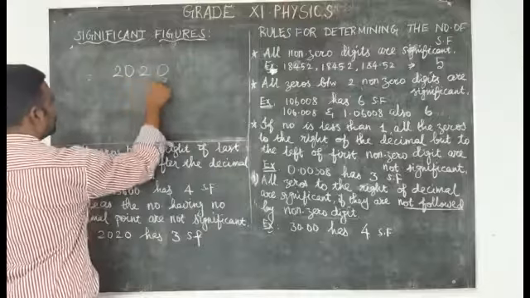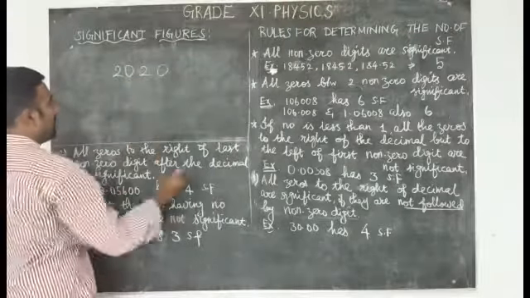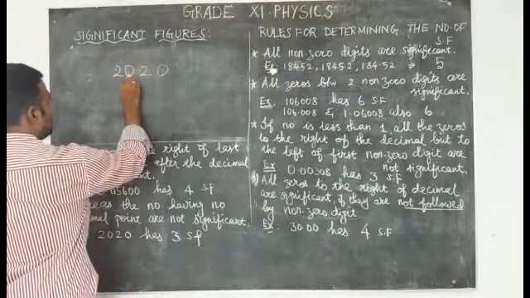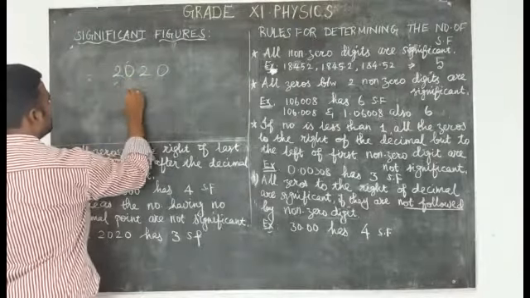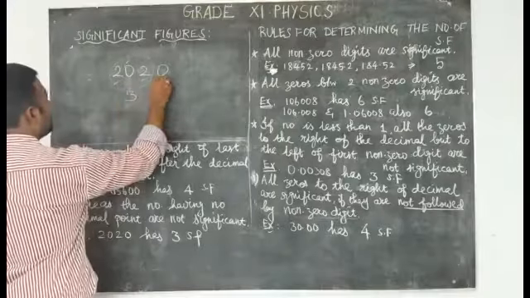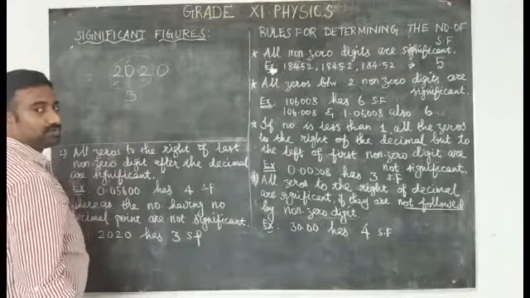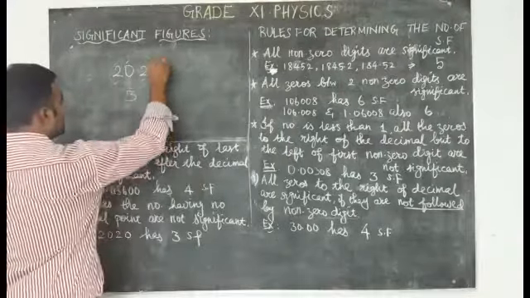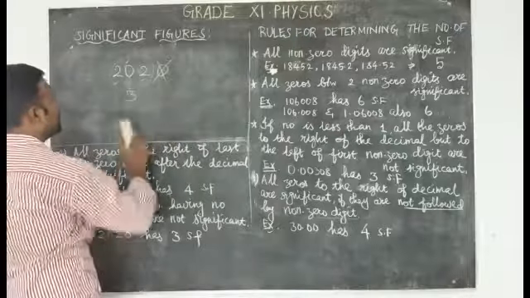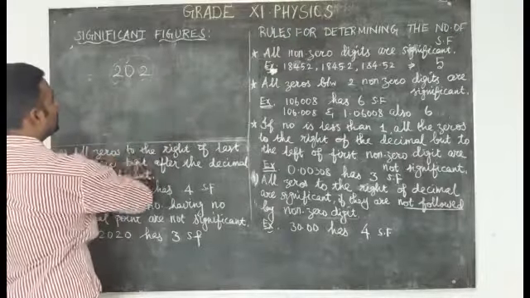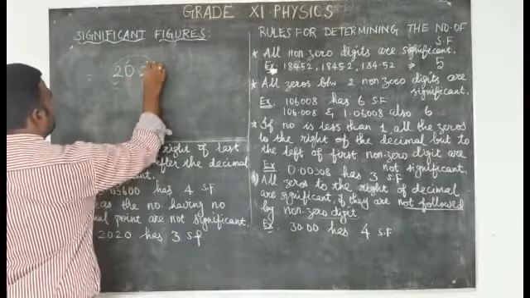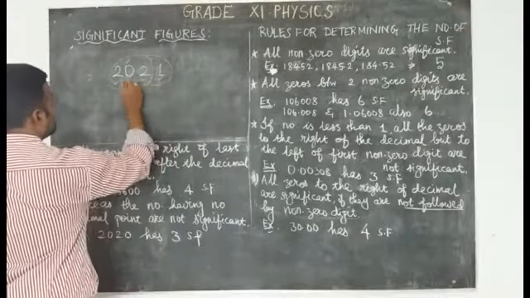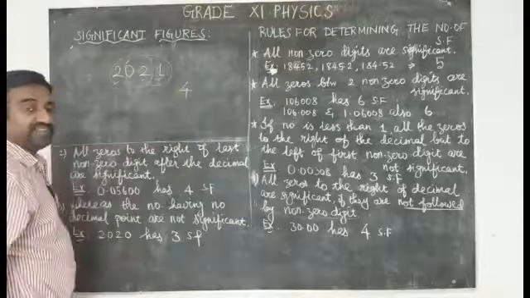There is no decimal, here the 0 is between the numbers, so this 0 is significant, this 2 and 2 are also significant, so all together it is 3. But this last 0 is not significant. Similarly, consider 2021. The 0 is placed between the numbers along with the other three numbers, so all together the significant figure is 4.